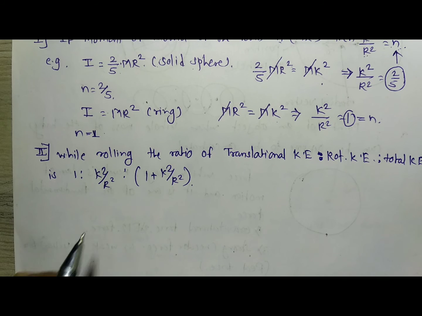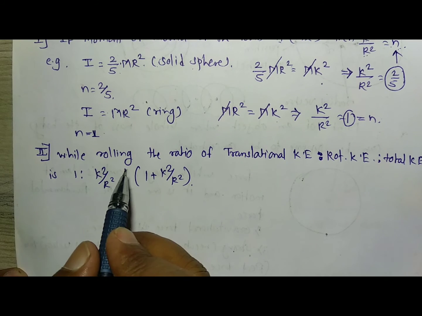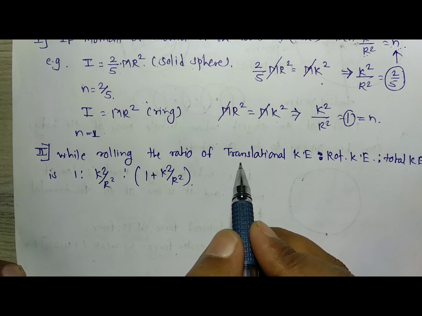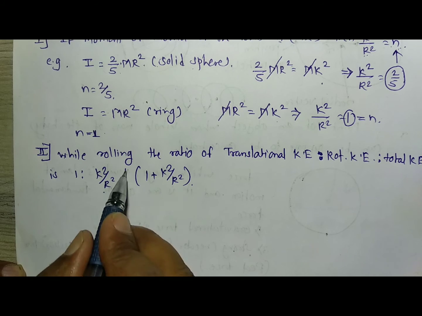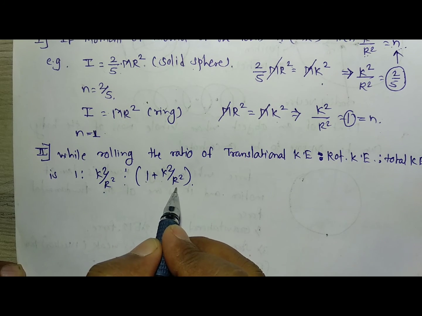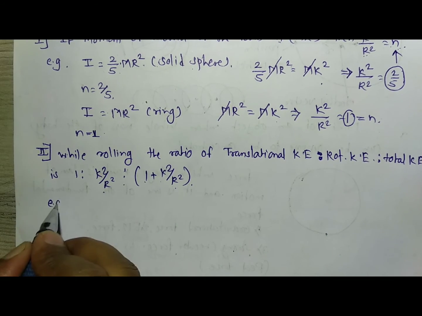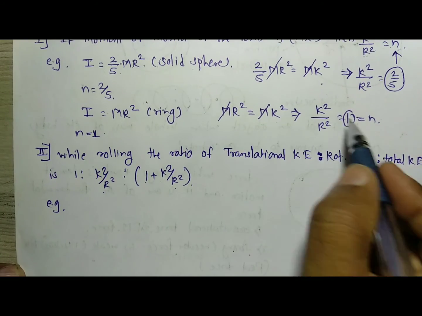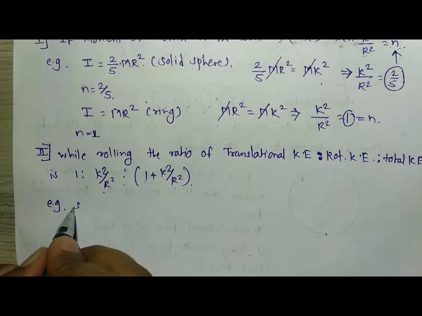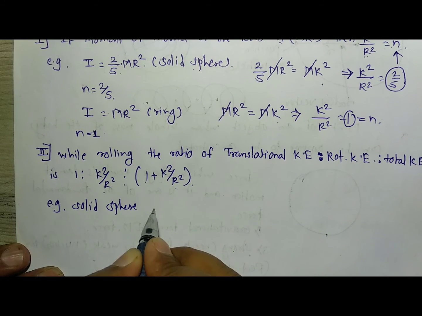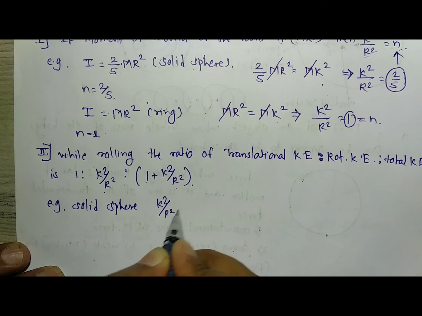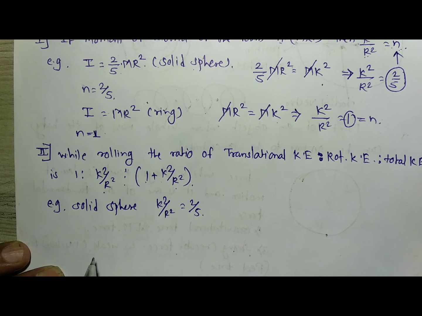Now the second remark: while the body is rolling, the ratio of translational kinetic energy, rotational kinetic energy and total kinetic energy is 1 : k square divided by r square : 1 plus k square divided by r square. For example, for a solid sphere, k square divided by r square is equal to 2 divided by 5.